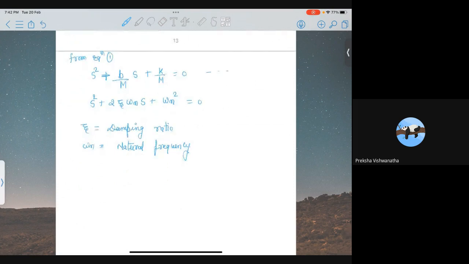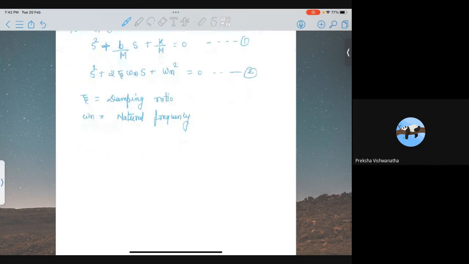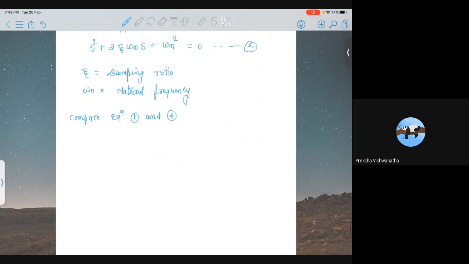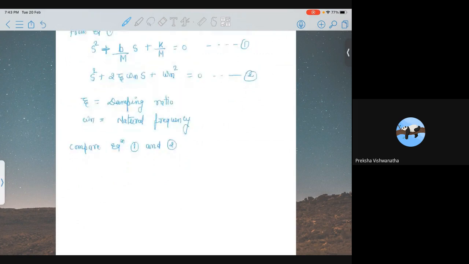So if you compare these two equations, compare equation 1 and this, you will get, first we will compare the omega n terms.